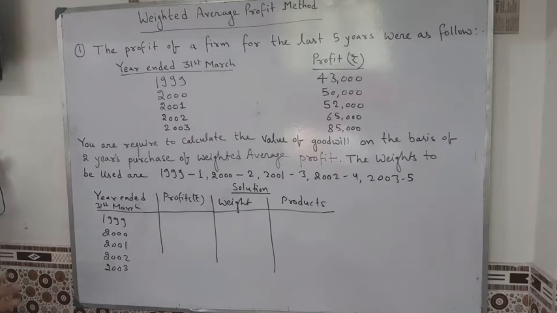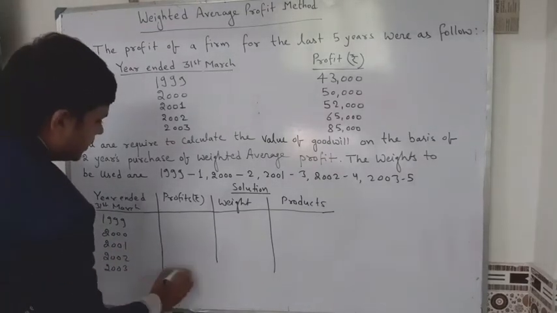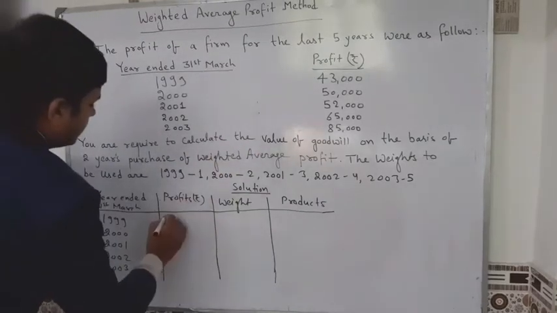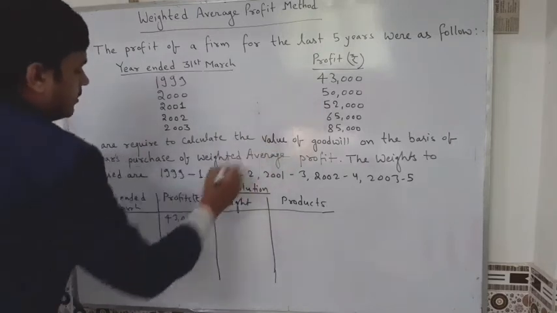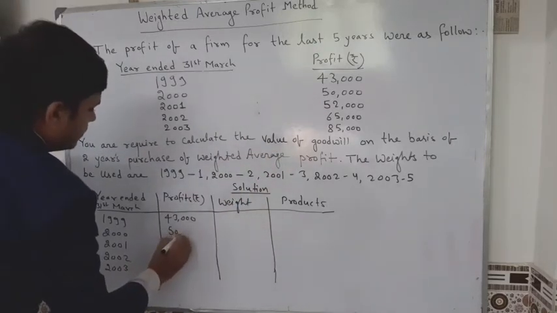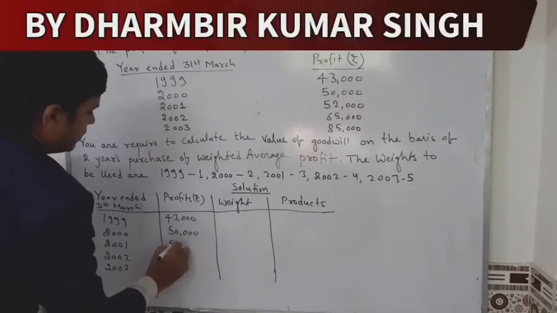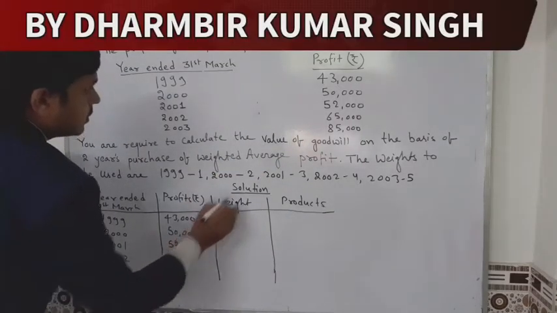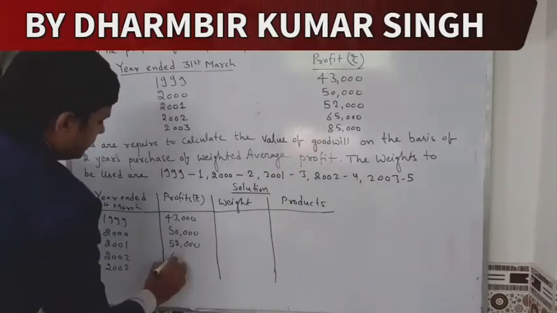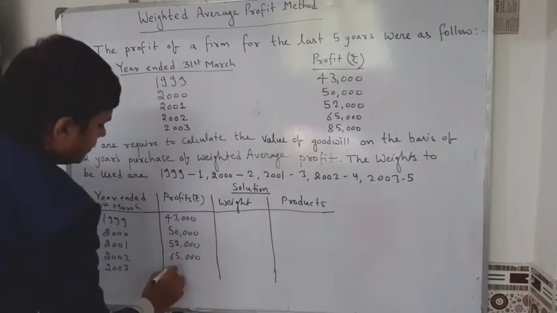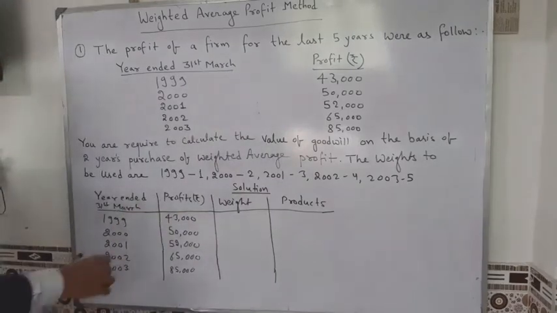Then profits. You write the profits: 43,000, then 50,000, then 52,000, then 65,000, then 85,000. Already given.